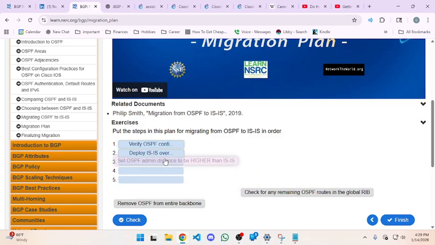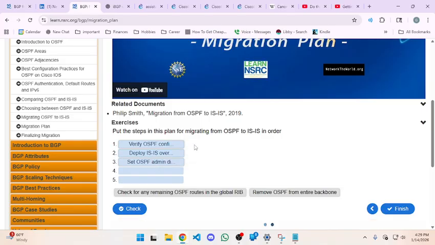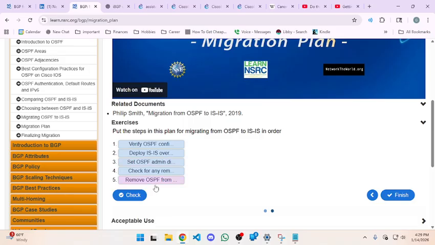Then you can keep the administrative distance on, and then check for any remaining. So you can basically delete it without deleting it first by adjusting the administrative distance.